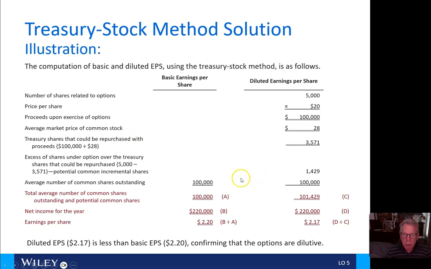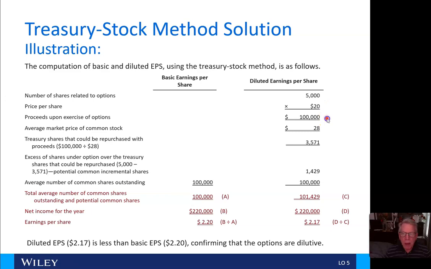Well, let's look at basic earnings per share. That's pretty straightforward. We've done this before, and we get $2.20 by dividing 220,000 by 100,000 average number of common shares outstanding. For fully diluted, just like we did in the prior slide, we take the 5,000 shares related to options and multiply it times the exercise price per share.